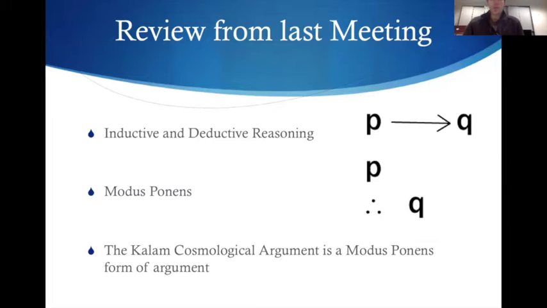So we went over inductive and deductive reasoning. If you don't remember, inductive reasoning was something where the conclusion didn't necessarily follow from the first two premises. So, for example, I could say that in the cases where I have been able to test Luke for historical accuracy in the book of Acts, he has been found reliable.